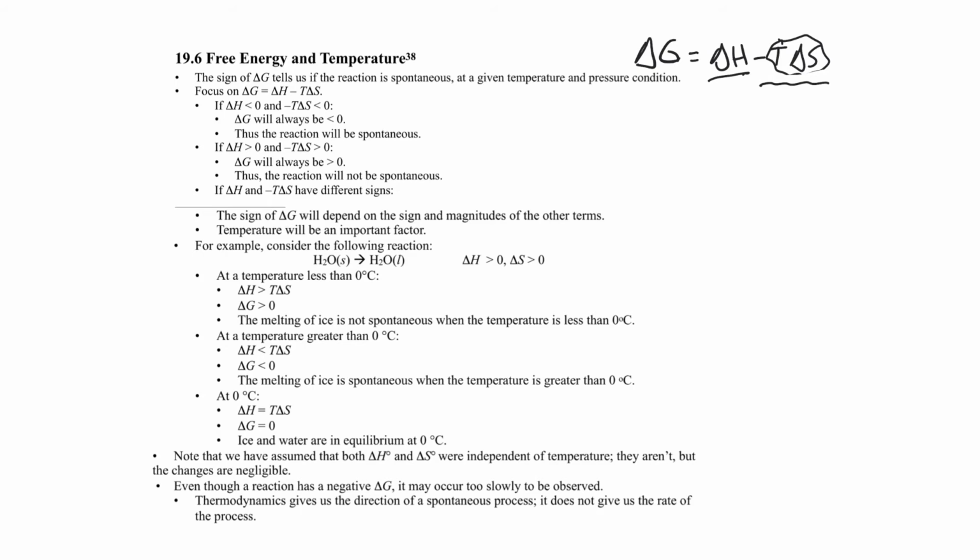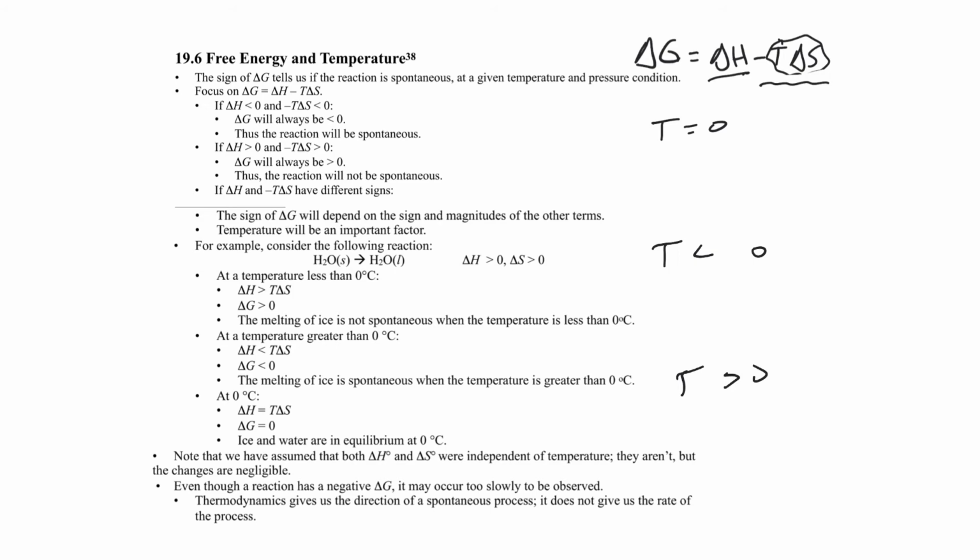Okay, so here's where your three choices are: T equals 0, T is less than 0, or T is greater than 0. If T is equal to 0, then what's going to happen?